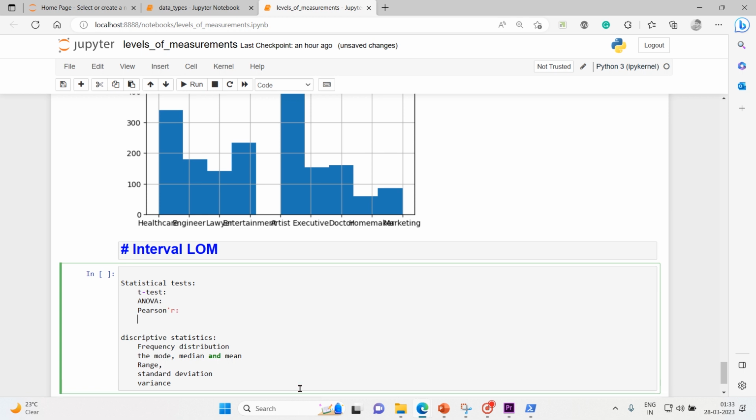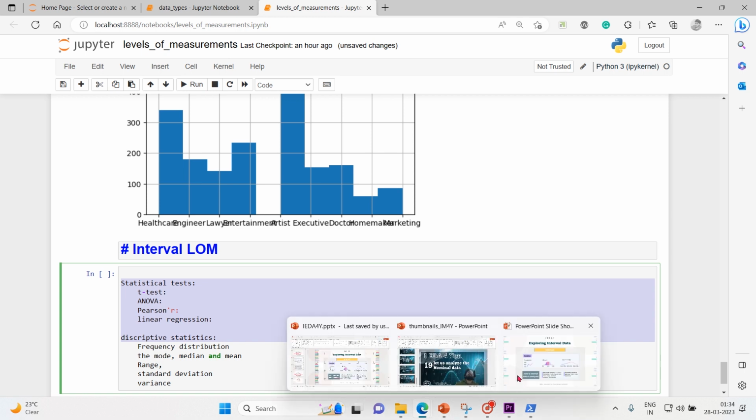And we have simple linear regression, to model or predict the relationship between two variables or the impact of one variable on another. For example, can a person's IQ score be used to predict their salary range? That's what linear regression talks about. And these are the tools that we can use to do the analysis on interval level of measurement or interval data.